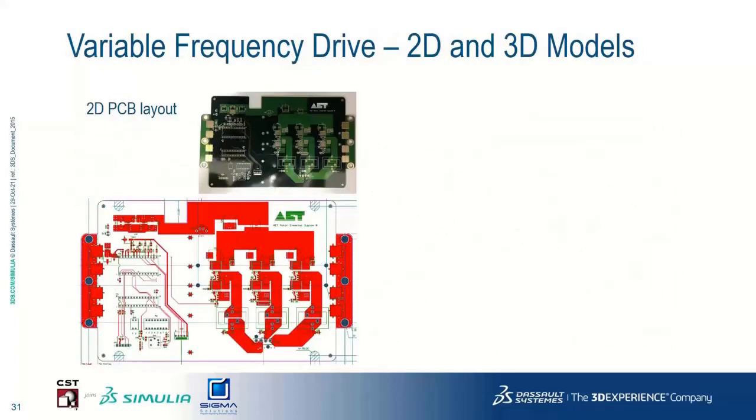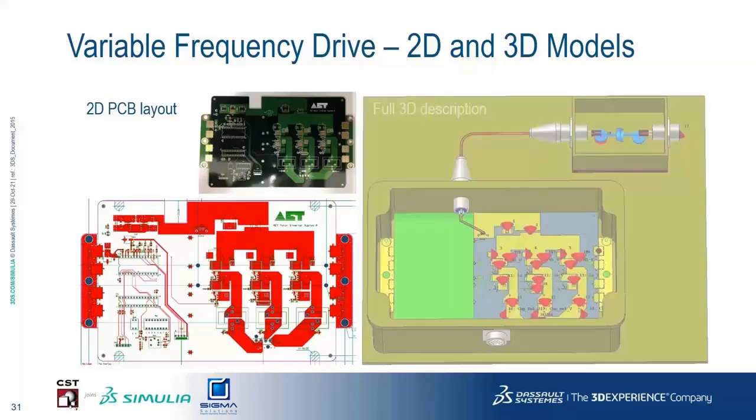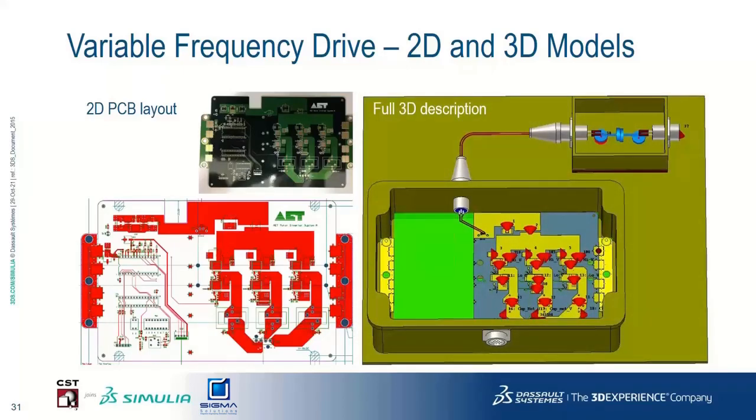When we look at the PCB here, typically, if you have the PCB layout itself, that's still not enough. So here you see the actual PCB, you see the layout, but when we talk about simulation, again, what we would typically do is we would include the entire PCB in 3D because, again, you want the simulation setup to be as close to reality or as close to the measurement as possible.